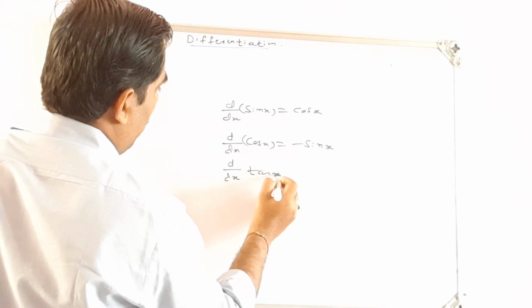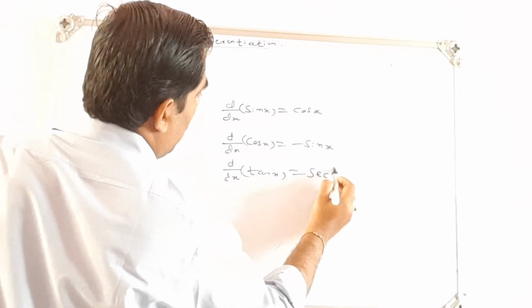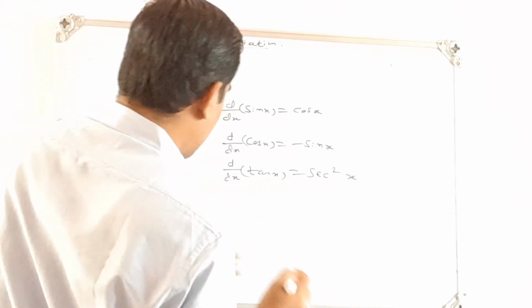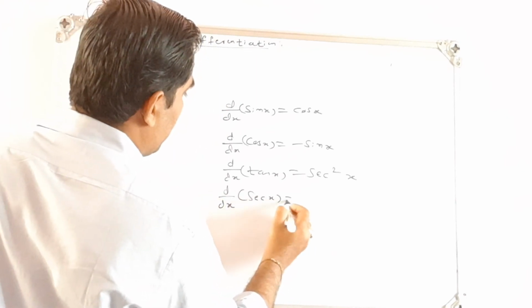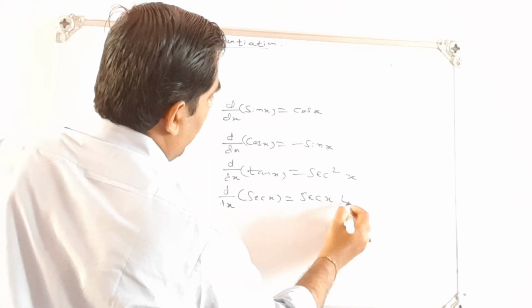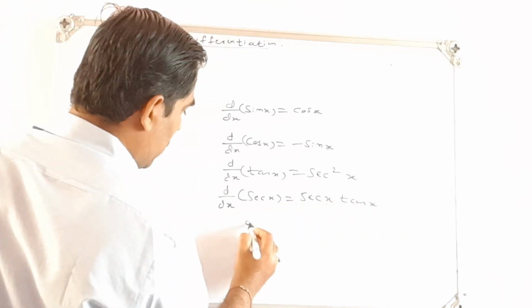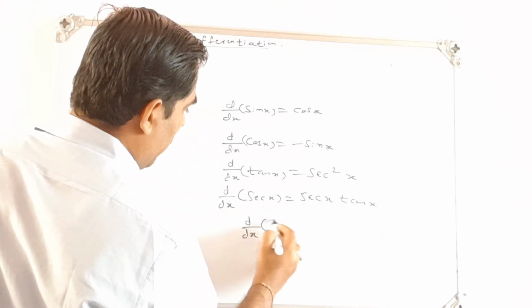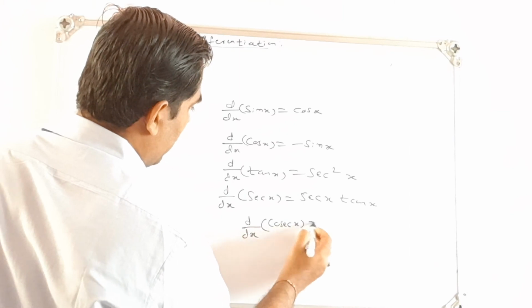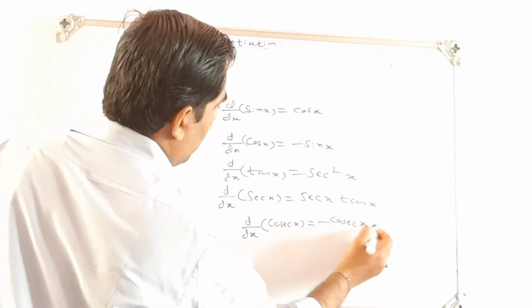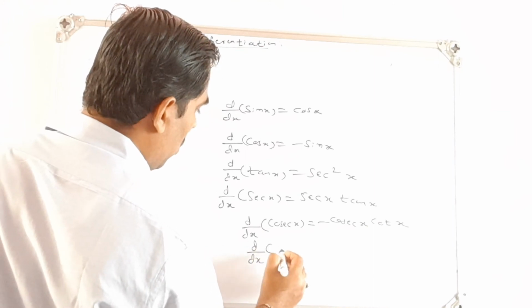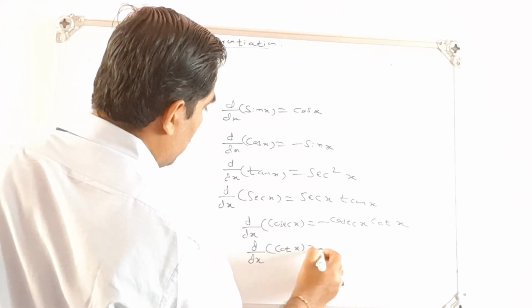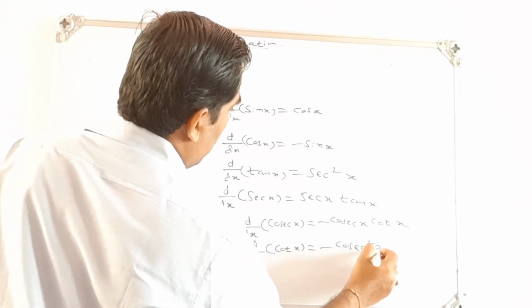The derivative of tan x is secant square x. The derivative of secant x is secant x into tan x. The derivative of cosecant x is minus cosecant x into cot x. The derivative of cot x is minus cosecant square x.